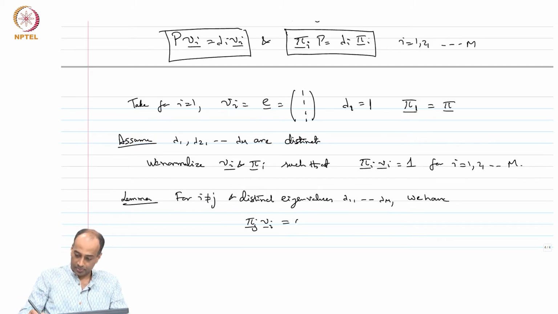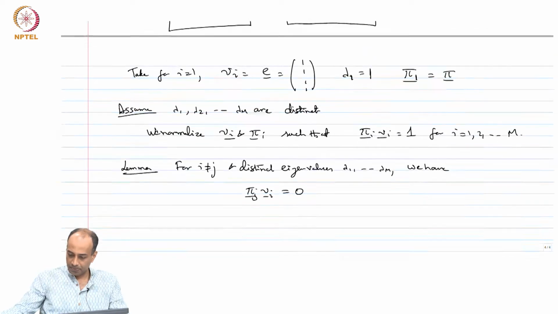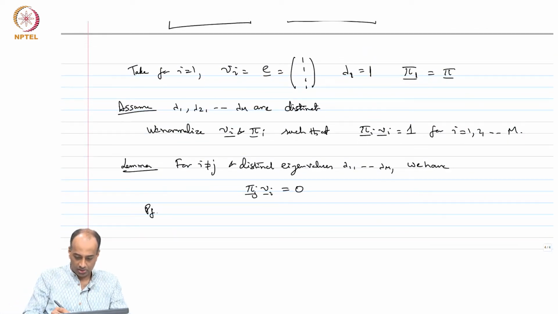Okay. The way you prove this is you consider pi j P nu I, all right. So, one way to write this is to realize that P nu I is just lambda I nu I, right.